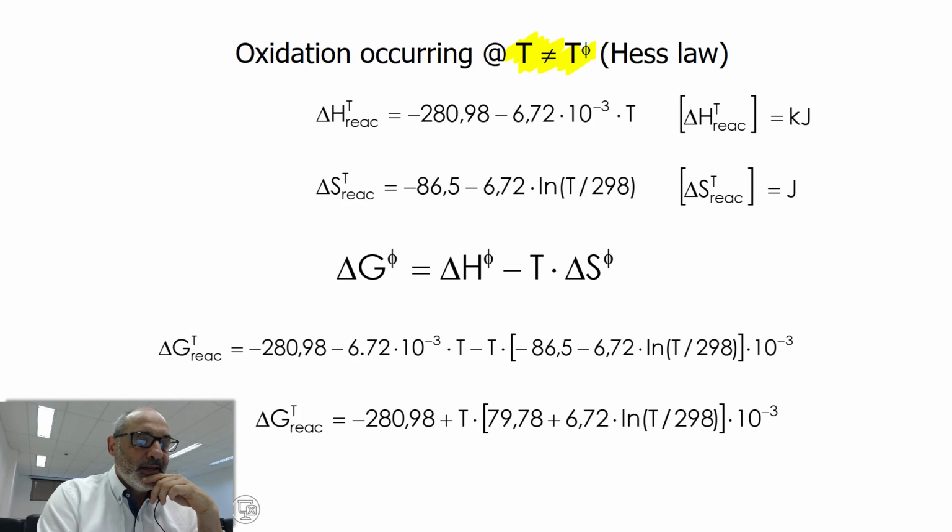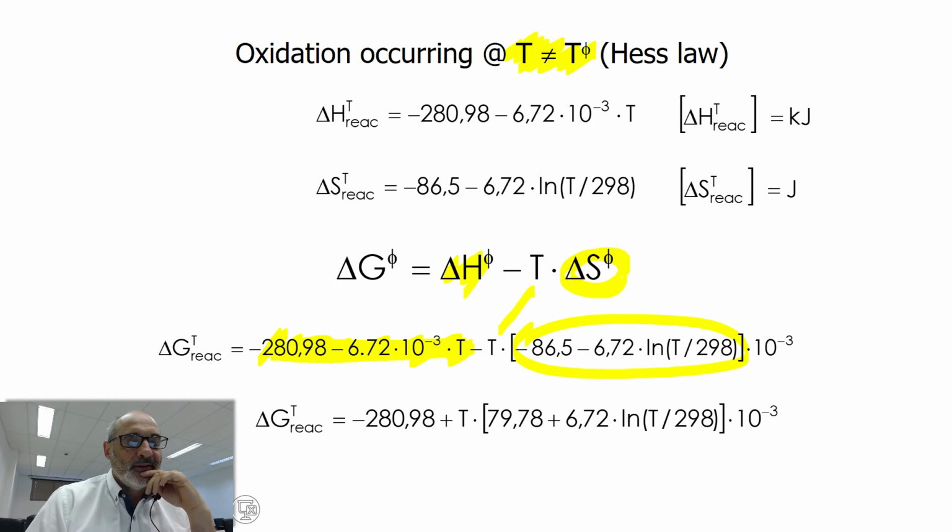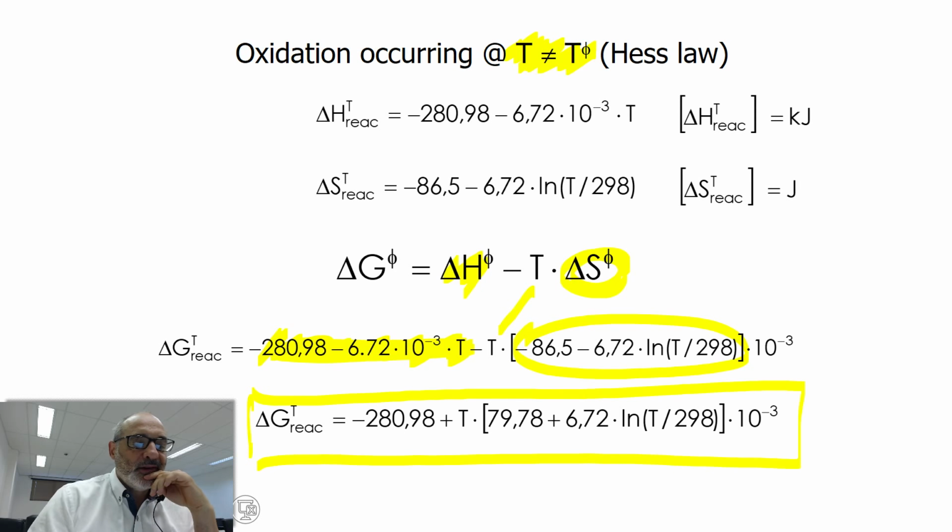So replacing delta H here, that's our delta H, and now replacing delta S here, okay, and T here. Okay, we get this final result here, a function of T multiplying by ln of T inside here.